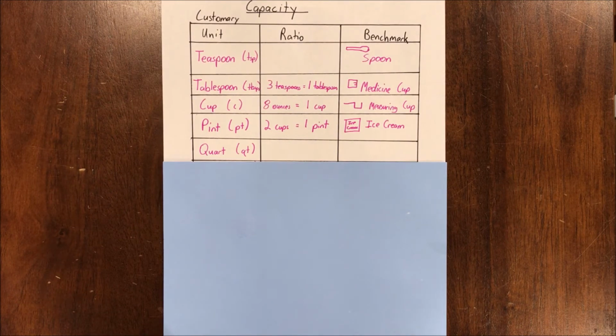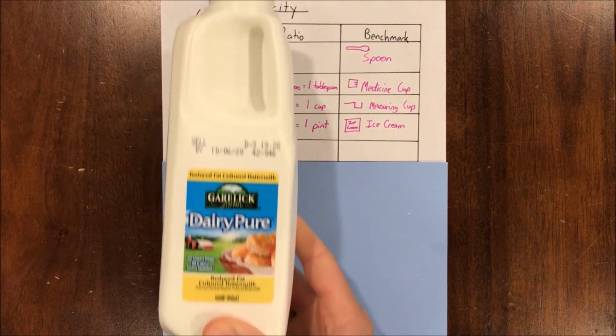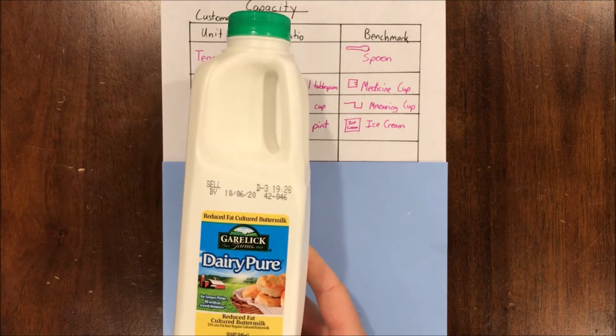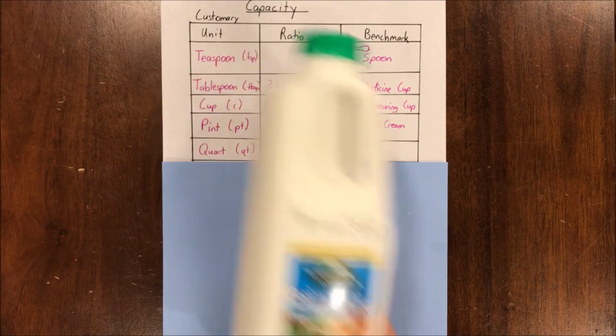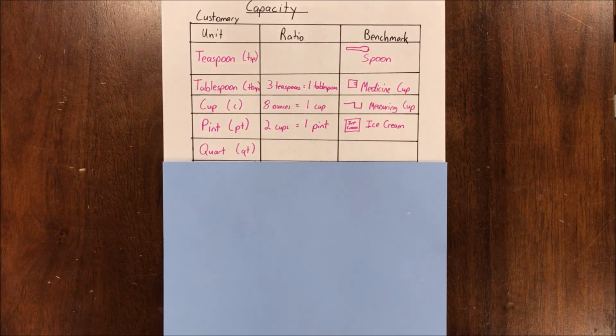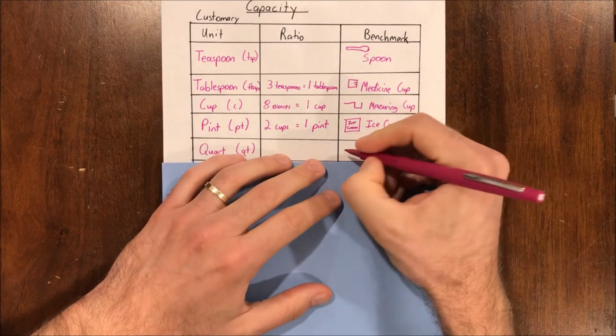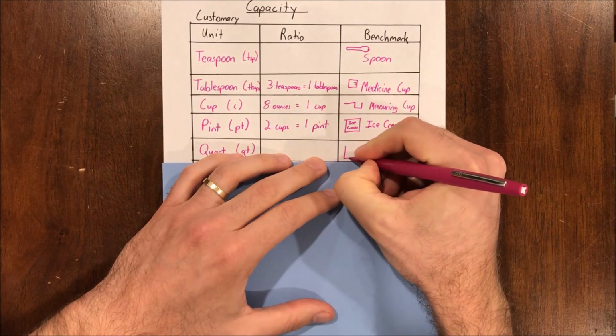Yeah, you might have said a milk carton. I don't actually have a milk carton, but I do have this small container of milk that would be the same as a milk carton, and this is actually, well, it's buttermilk, but this is 1 quart. So I'm going to draw a carton on our paper, right?